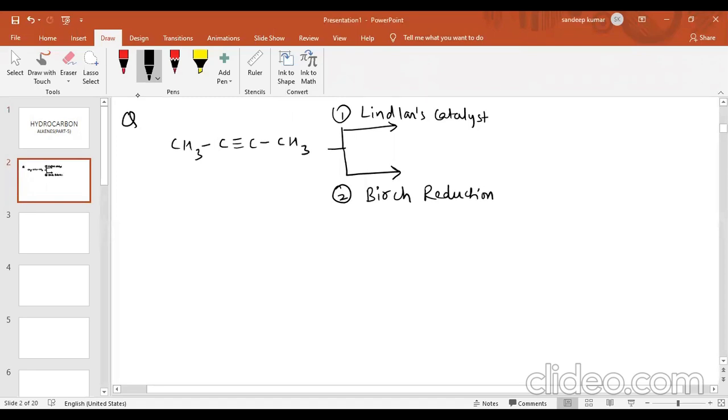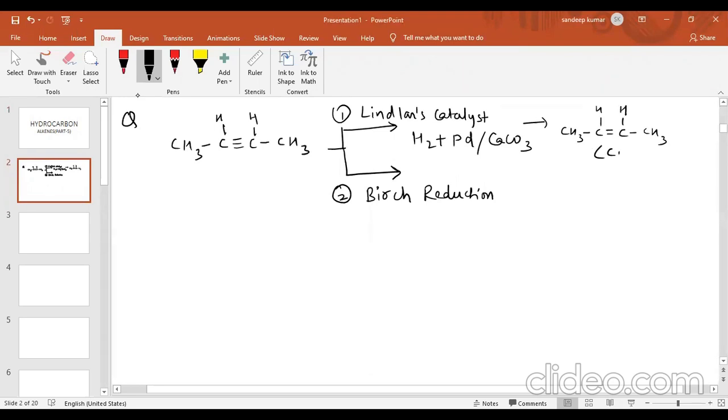Now see, basically we know Lindlar catalyst is hydrogen in the presence of palladium, and calcium carbonate acts as a poison. So there is reduction of the alkyne, and hydrogen will come from the same side. So the product obtained is CH3 C double bond C CH3 with the two hydrogens on the same side.